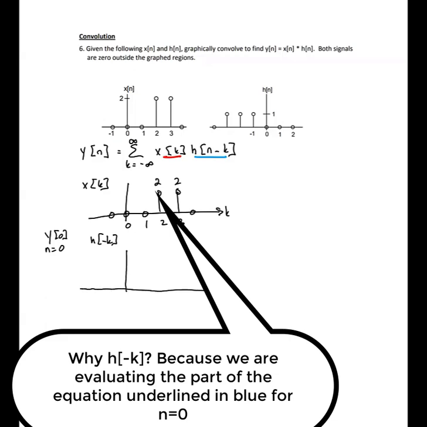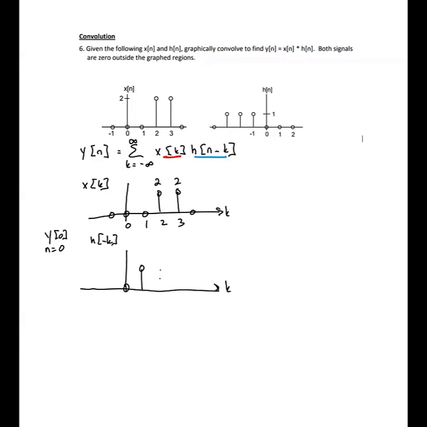So this is our flip and shift method. And our h of minus k is just this flipped around. We still have 0 here. We're always flipping it around the vertical axis. But now at 1, 2, and 3, we have values of positive 1. And everything else is still going to be 0.